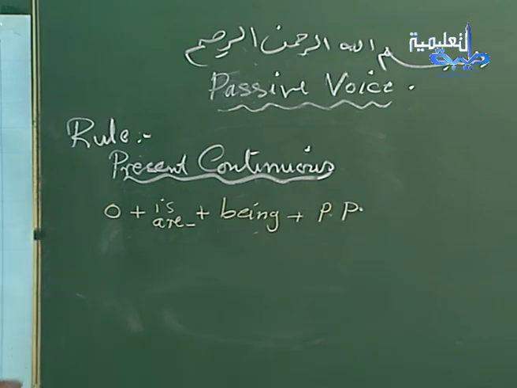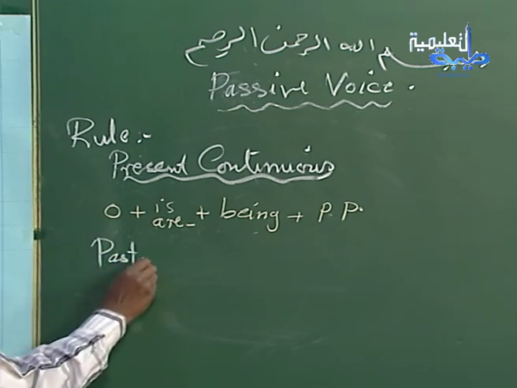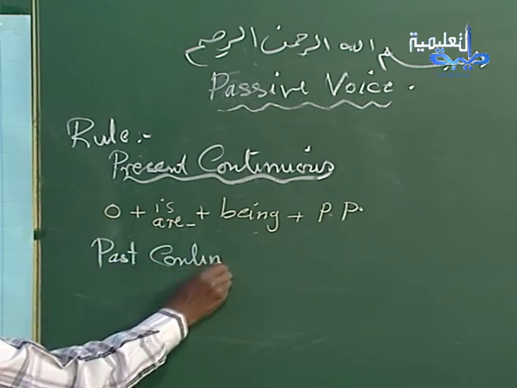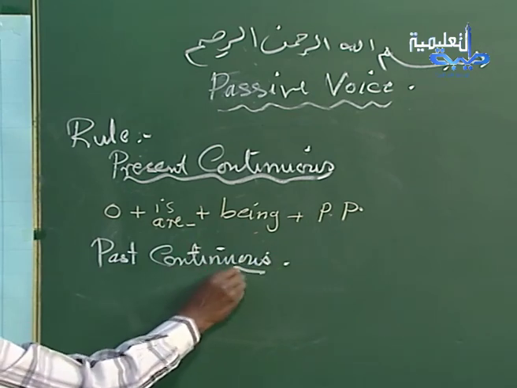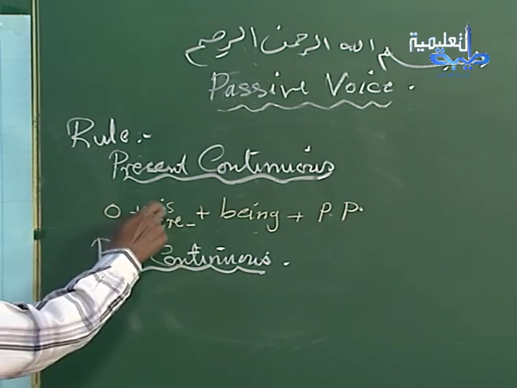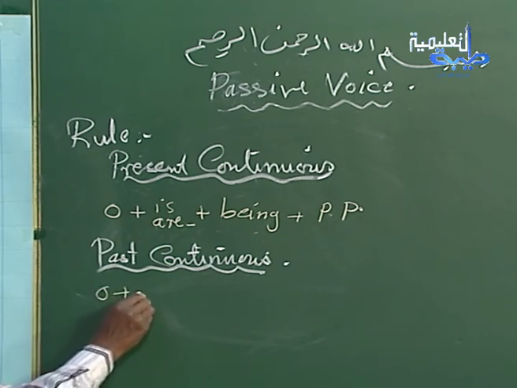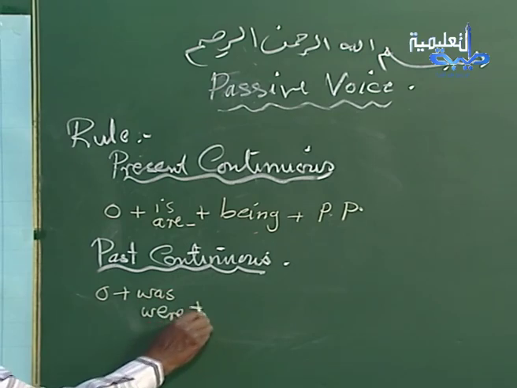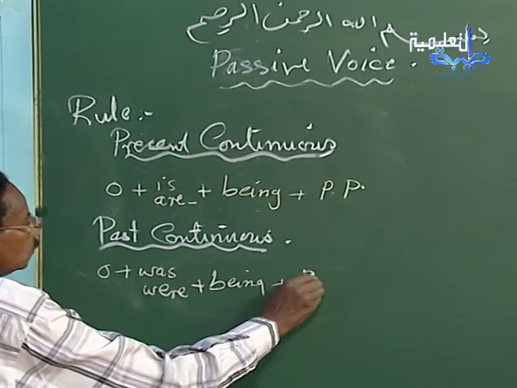For the past continuous, it is the same thing, only I am going to change is to was and are to were. Object plus was or were plus being plus past participle.